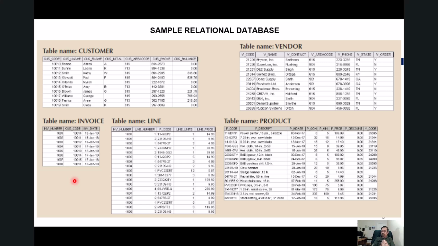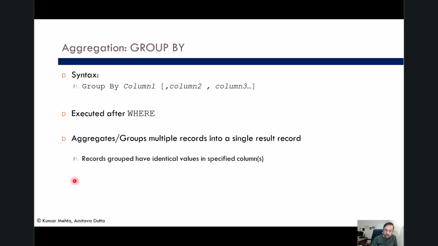Then we'll look at the grammar of how you tell the database, please do such and such an aggregation. So we'll get into the nitty-gritties in just a moment. Just to summarize the aggregation operation, the way you specify the aggregation is in the select statement, and the group by clause is what is used to tell the software the type of aggregation I want.